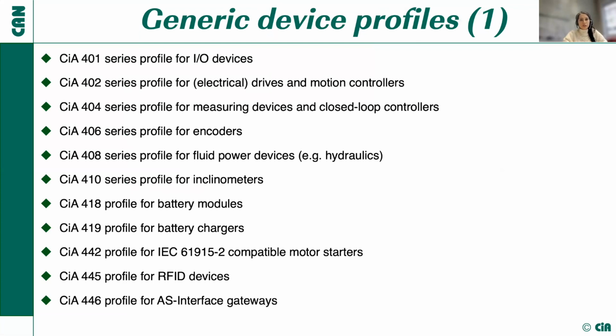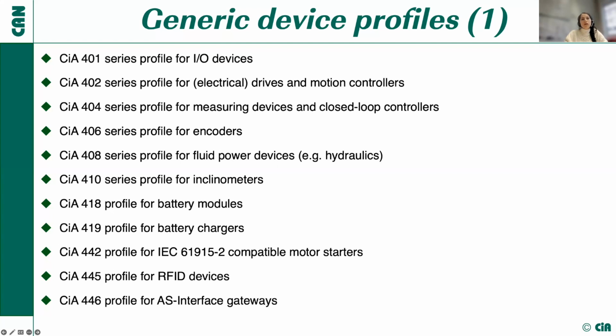Here is the list of generic device profiles in comparison to application specific device profiles. Generic ones are not related to dedicated application fields, and they provide generic parameter specification and separated mapping to higher layer protocols.